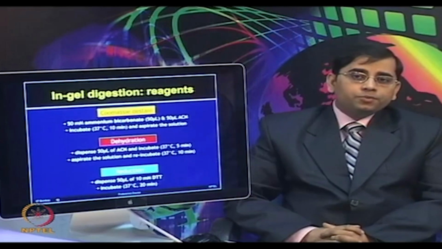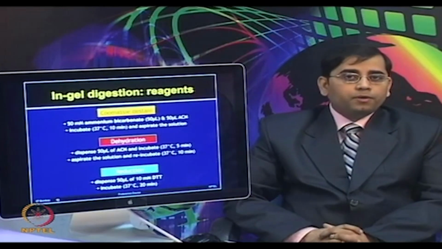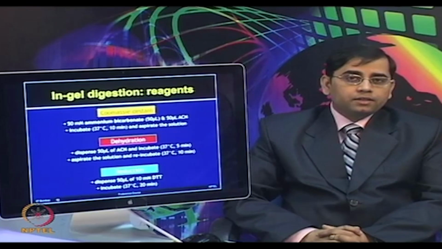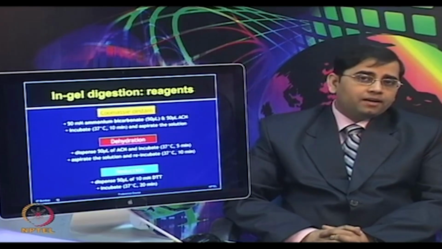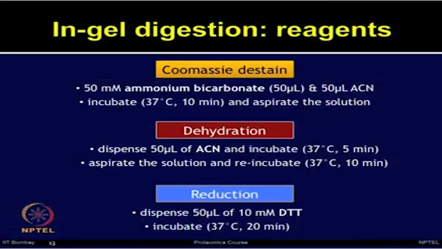So, this slide gives you the recipe for performing in-gel digestion. The first step is the de-staining of the spots or the bands, because you have stained the gels with Coomassie brilliant blue or some other stain, and first of all you would like to remove the stain. Stain removal is essential prior to the mass spectrometric analysis.